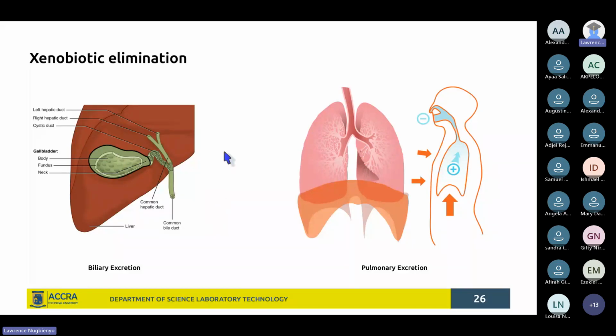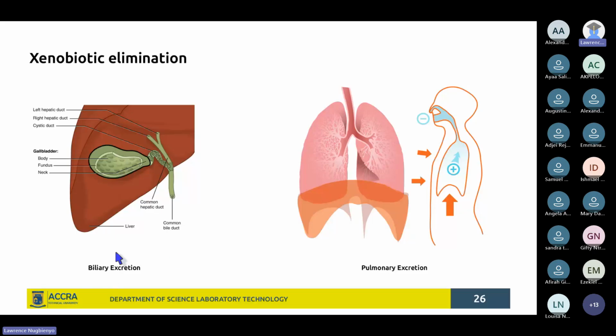You also have excretion referred to as biliary excretion. Substances get stored with bile in the gallbladder and later get excreted into the digestive system, into the duodenum, together with bile. And then later they get excreted through the fecal matter.